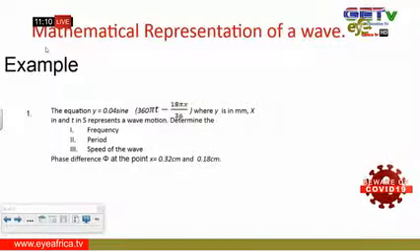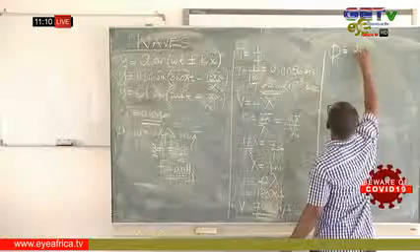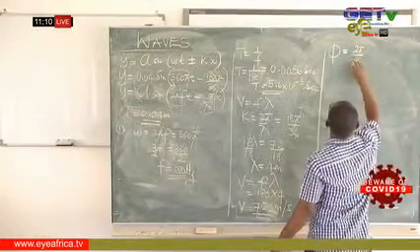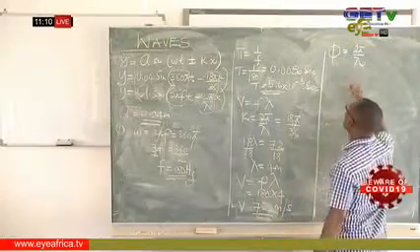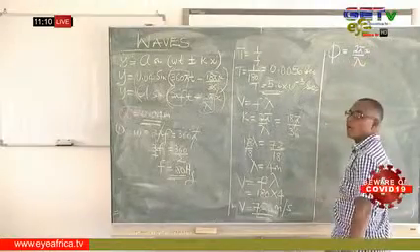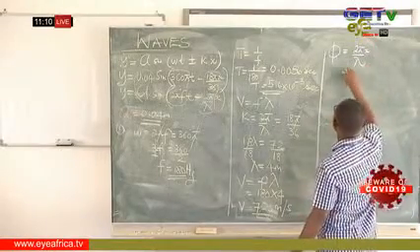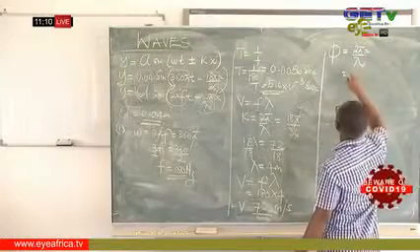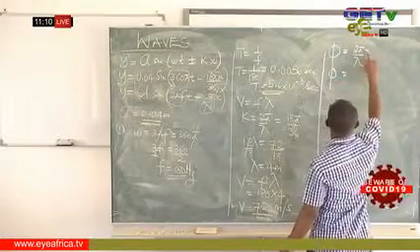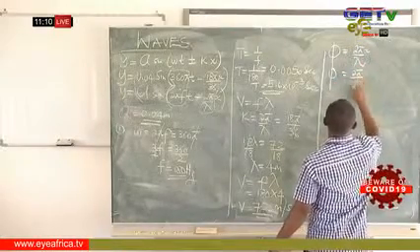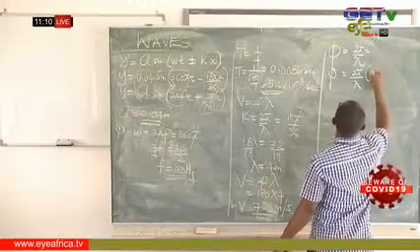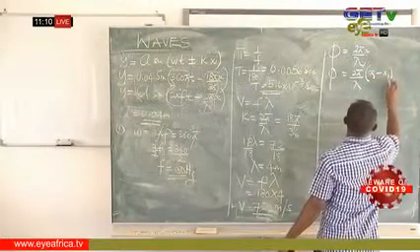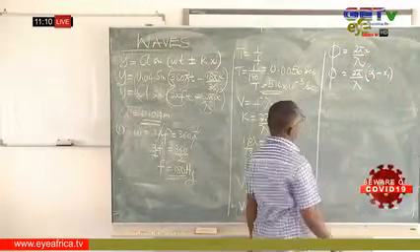Now I want to move on to the last question there. It says, what is the phase difference? Remember that phase difference is 2 pi over lambda times the difference in position, at some point x. This x is the position of the wave particle at some later point, with respect to the first position.